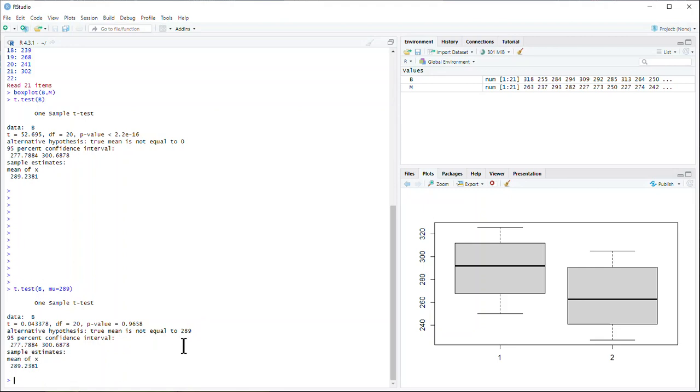So is the actual mean equal to 289? So my result minus the proposed mu would be 0: 289 minus a proposed mu of 289. I would get 0 in there. The 289 is inside. So I don't know anything from this test. I can't tell anything. All right.